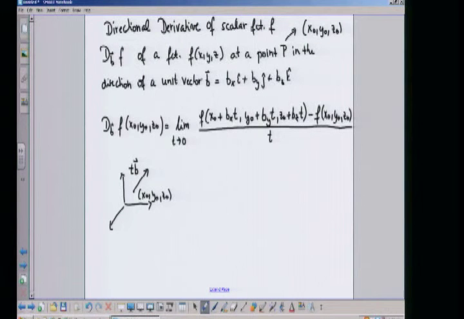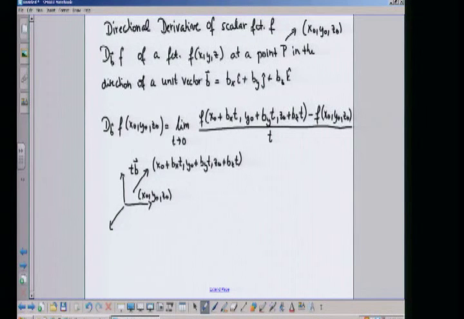We go a little bit, and little bit is given by the amount of t, in the direction of b to a new point that is x0 plus bx t, y0 plus by t, z0 plus bz t. And if we let this t tend to 0, this means we're really looking in the vicinity of this point x0, y0, z0, but we are calculating the derivative of this quantity in the direction of the vector b, okay?